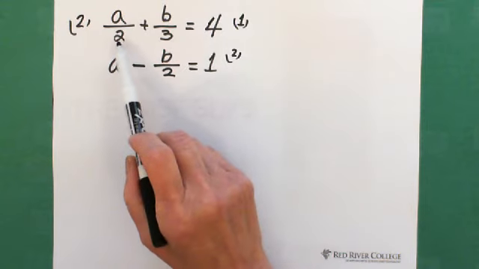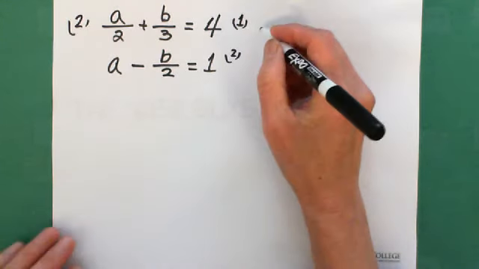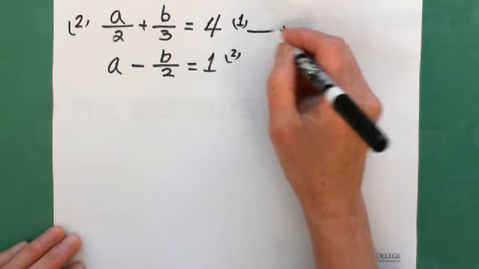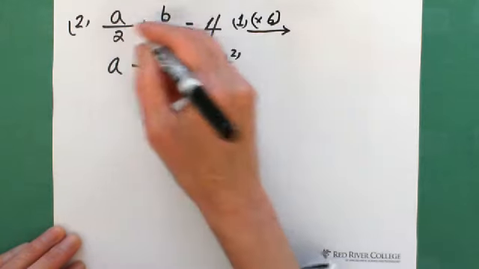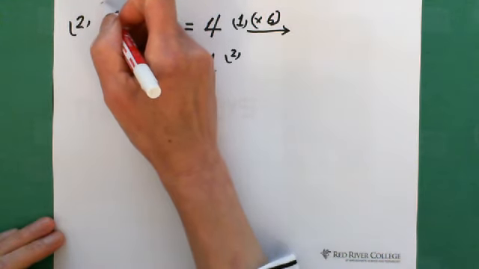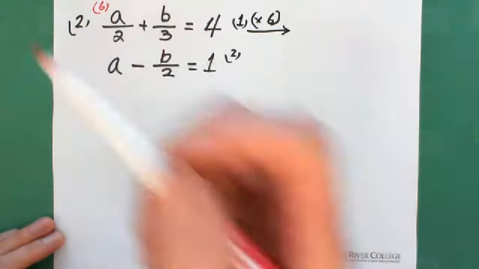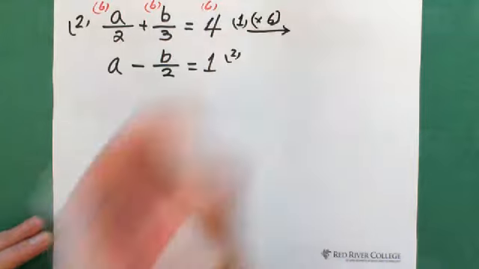The common denominator of 2 and 3 is 6. So we multiply each term by 6. You can label it on top, it's easy.